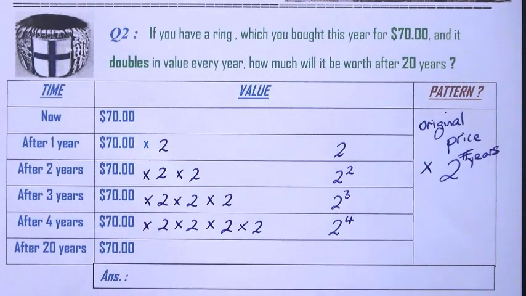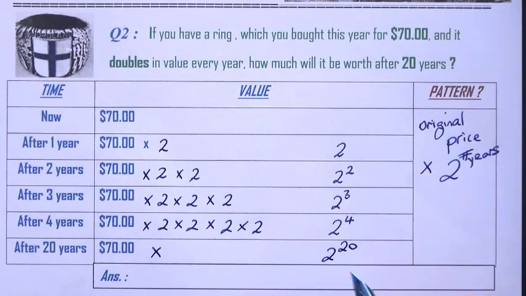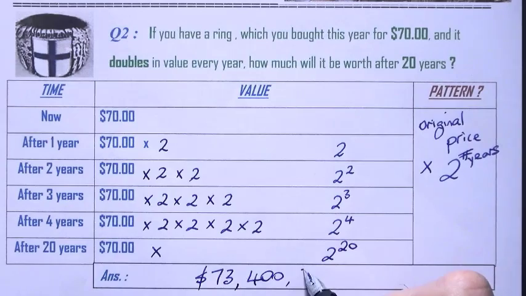So after 20 years, $70 by 2 to the 20th power, which is 73,400,320.